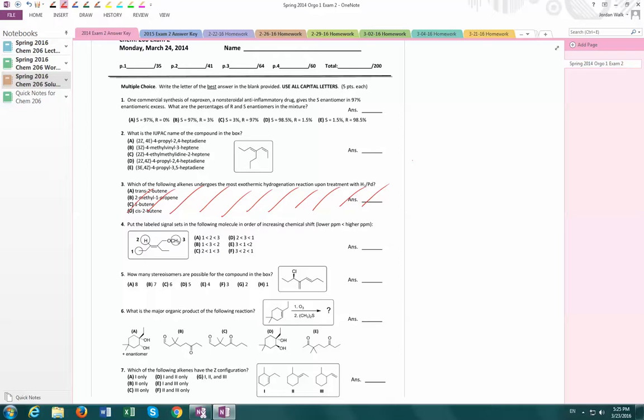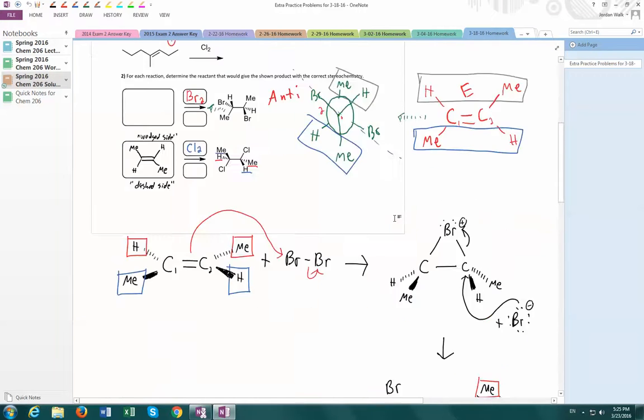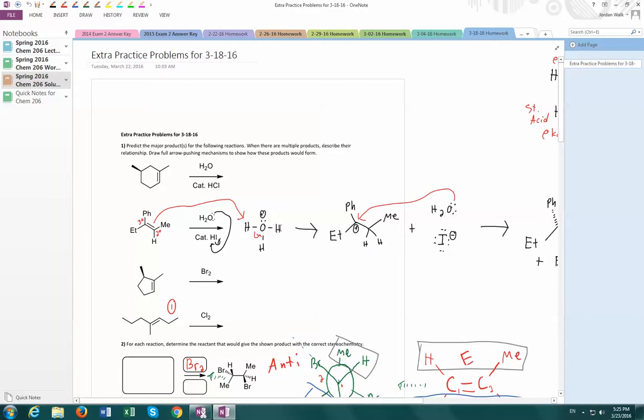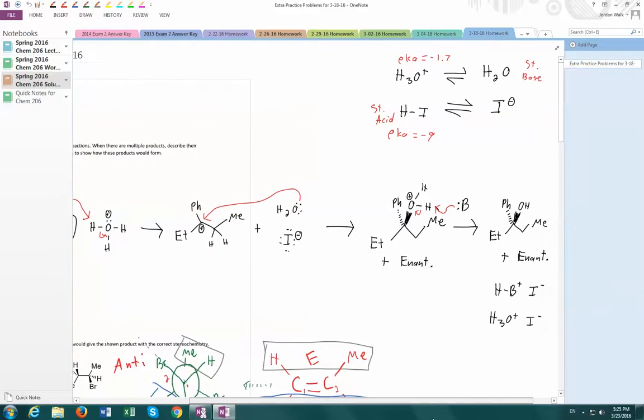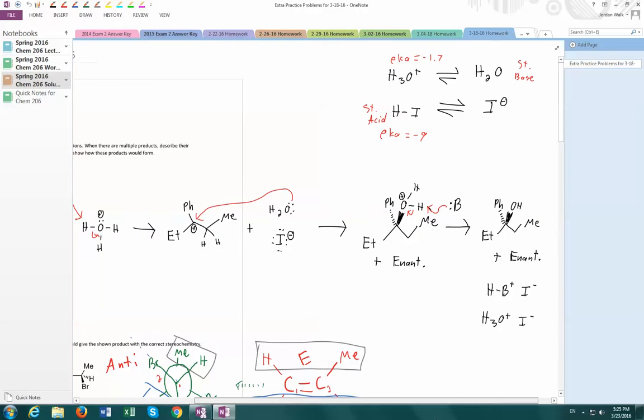Can we go to 318 and do number 1, part 2, the second reaction in number 1? This one? Yeah. What confused me about it wasn't really the mechanism, it was all the different products we could get.